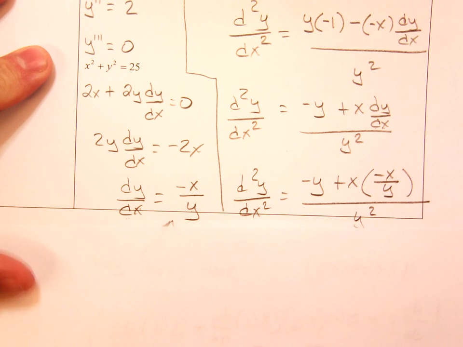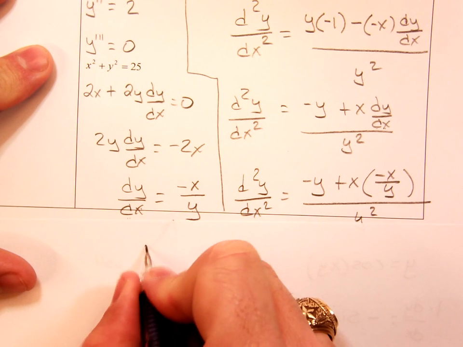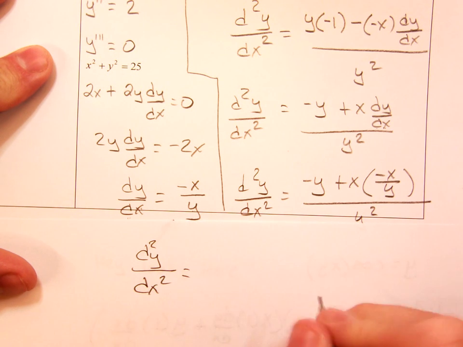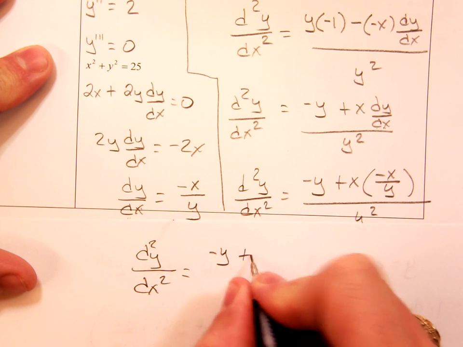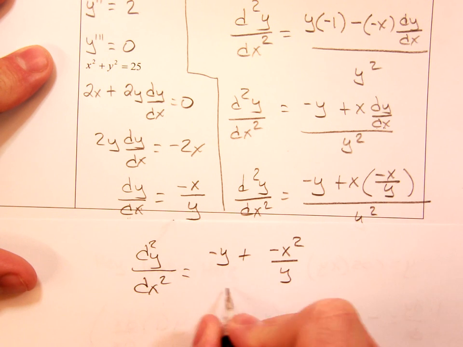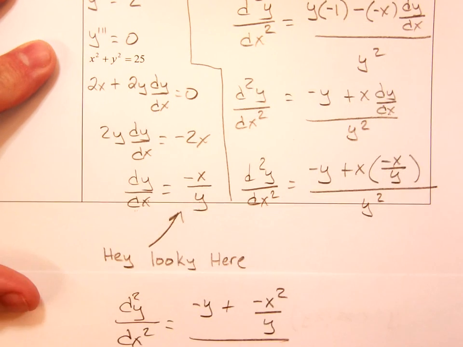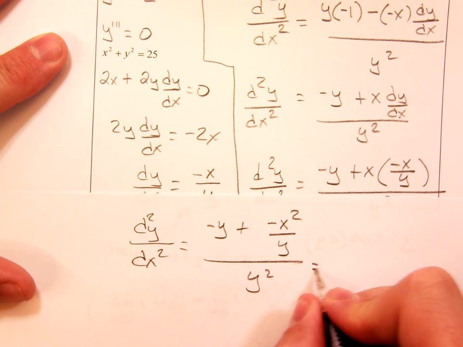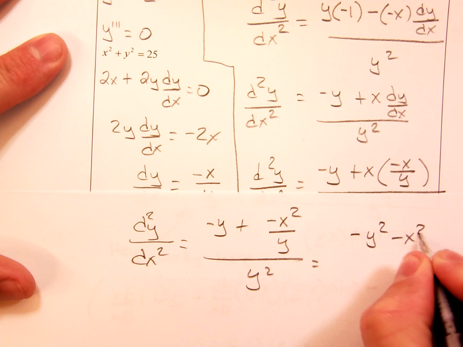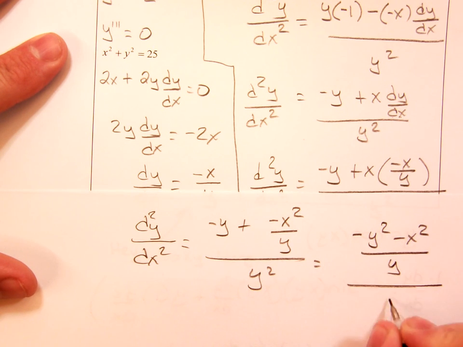And just to clean that up a little bit, that's negative y plus negative x squared over y squared. Common denominator makes this negative y squared minus x squared over y squared.